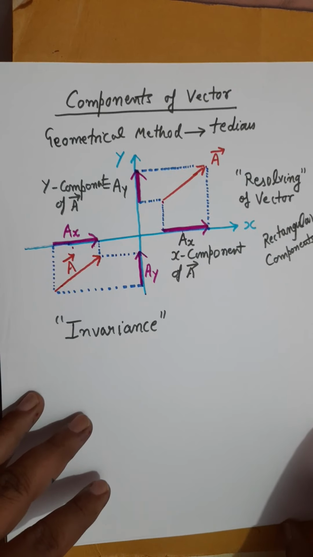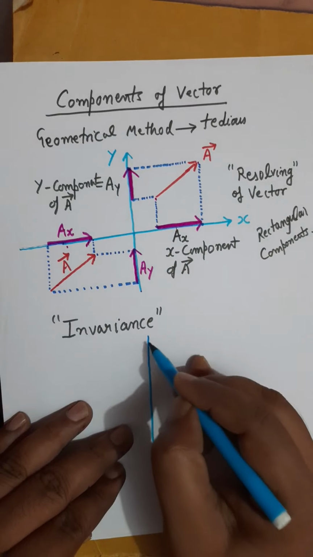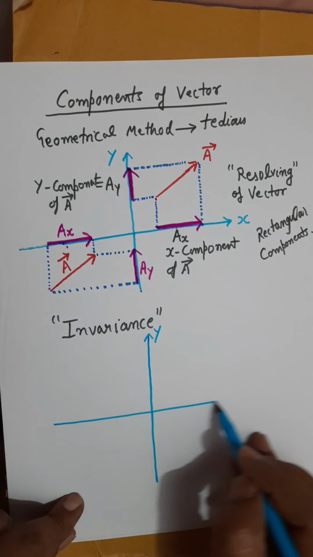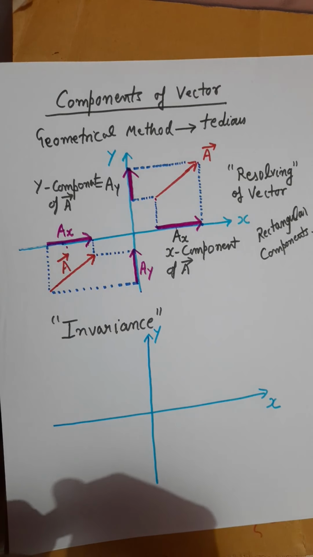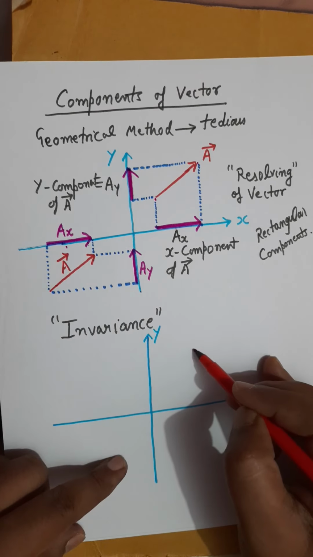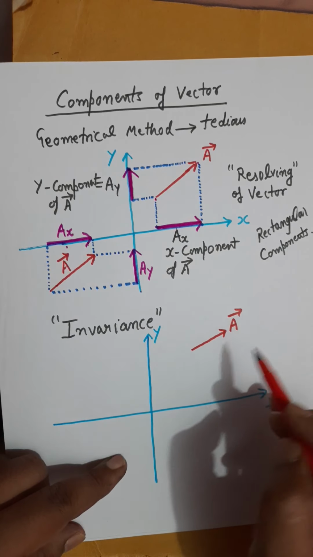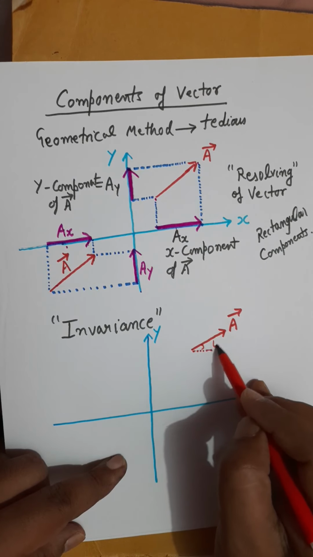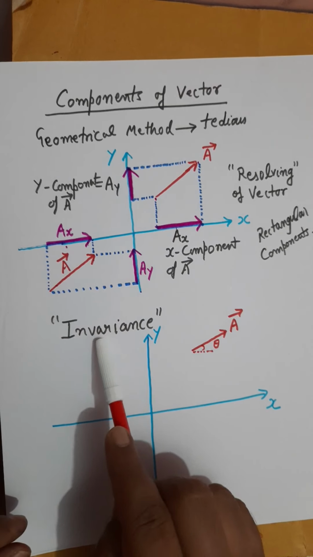Let me draw the next figure first. Let me draw another figure for you, and this is the y-axis and this one the x-axis. So we have some vector over here. Let's say we have a vector A somewhere on that coordinate axis, like so, at some angle theta. Right? I will use this invariance property now.